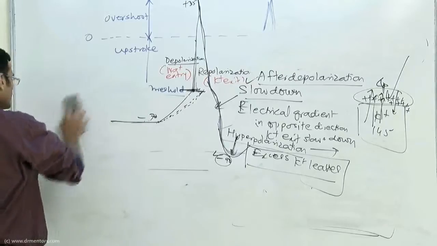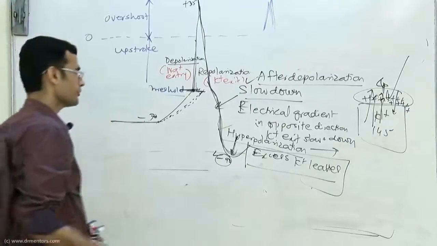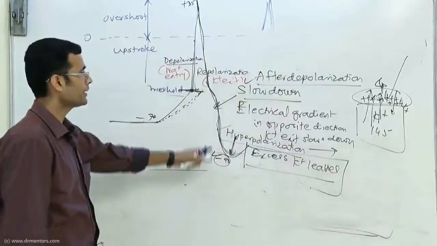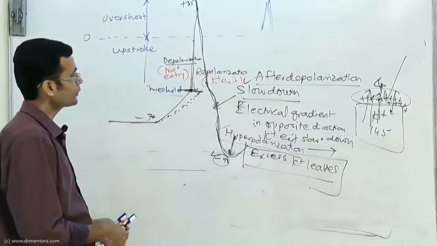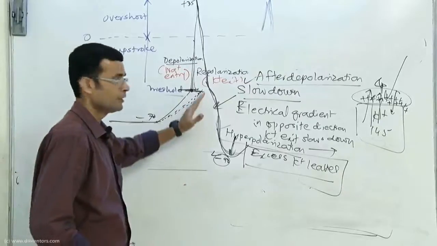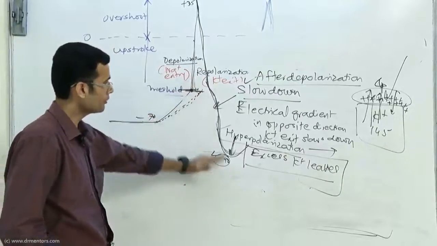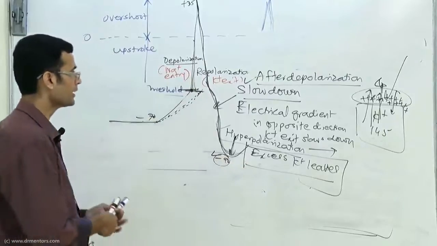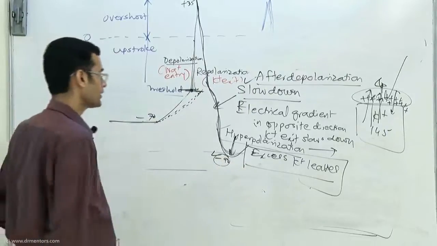So equilibrium potentials will be different for nerve and for muscle. Alright. So excess potassium leaks out, and potassium then drags the membrane potential back to the equilibrium potential of its own, that is minus 90 millivolts. That's hyperpolarization of the membrane.